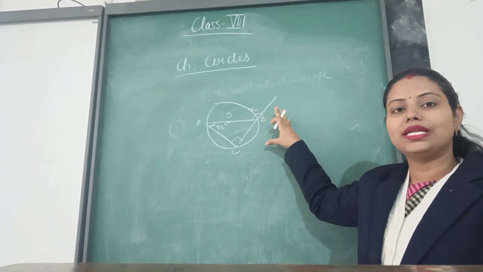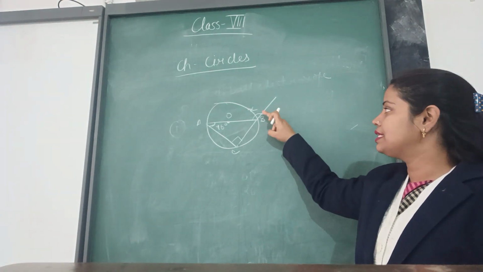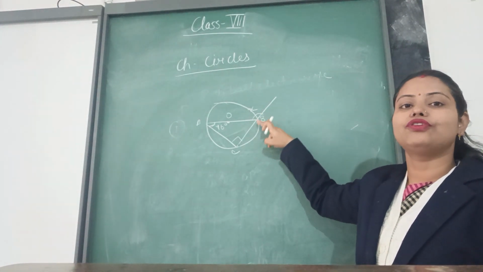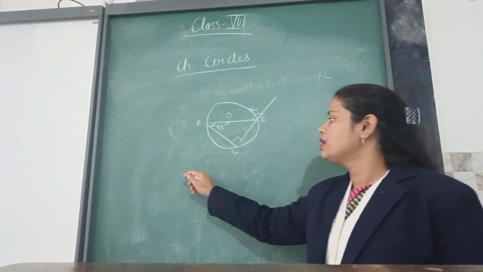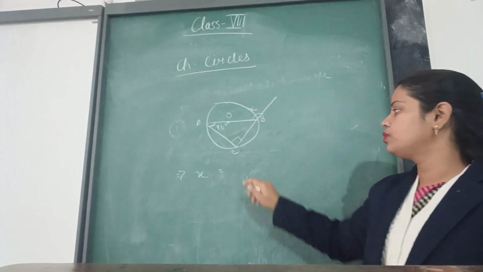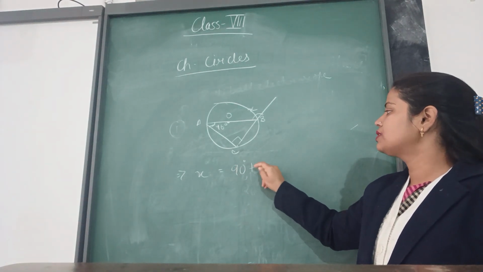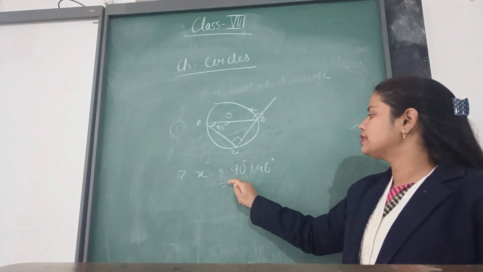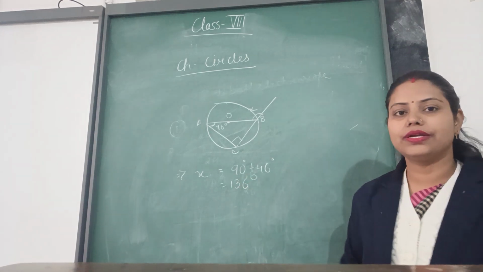if we closely look at the diagram, we can see that this x is an exterior angle for the triangle ABC. So by using the property, we can directly write x is equal to 90 plus 46, that is equal to 136 degrees.